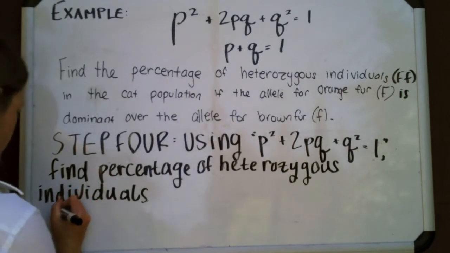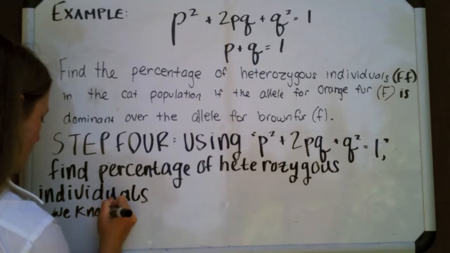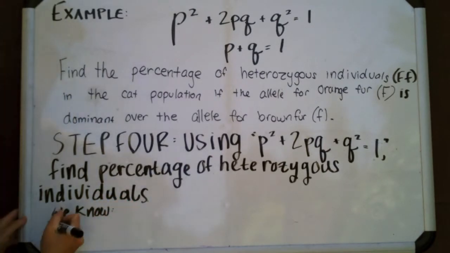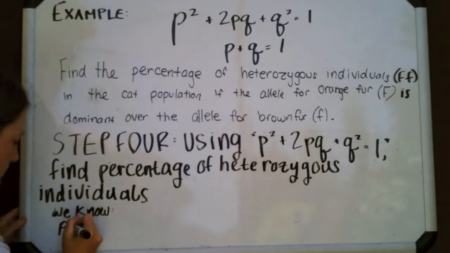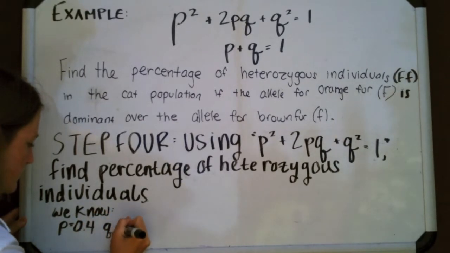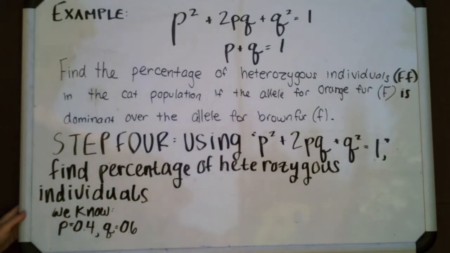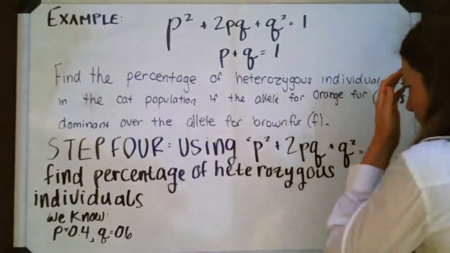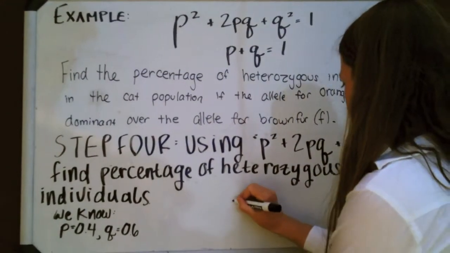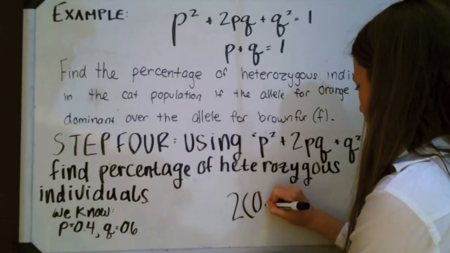In step 4, we use p squared plus 2pq plus q squared equals 1 to find the percentage of heterozygous individuals, which was our original objective. So what do we know? From the past steps, we determined that p is equal to 0.4 and q is equal to 0.6. Since 2pq is the percentage of heterozygous individuals, we plug in the p and q values.